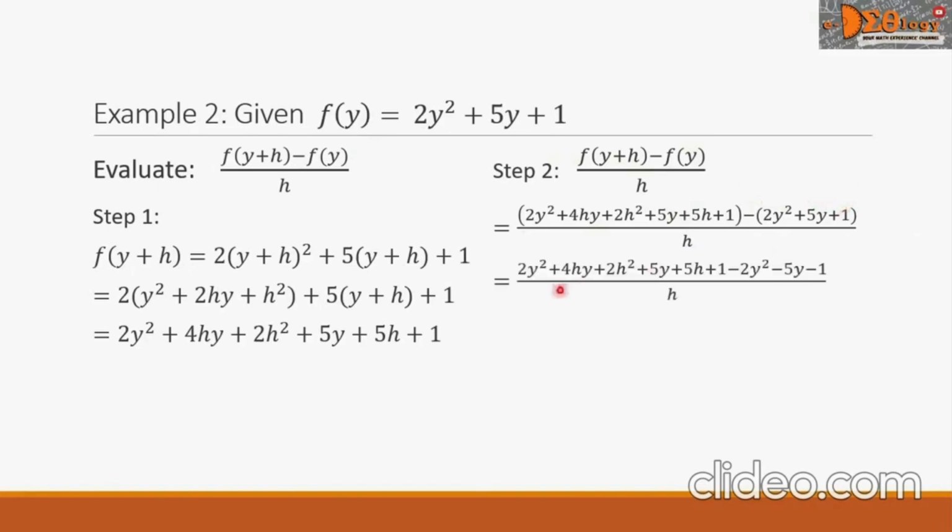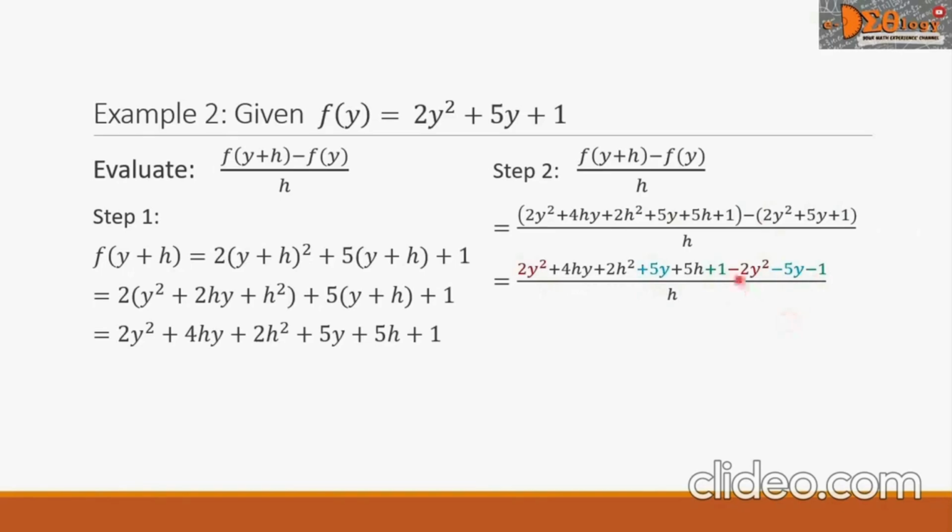So we have now 2y squared plus 4hy plus 2h squared plus 5y plus 5h plus 1. Then this negative 2y squared minus 5y minus 1.